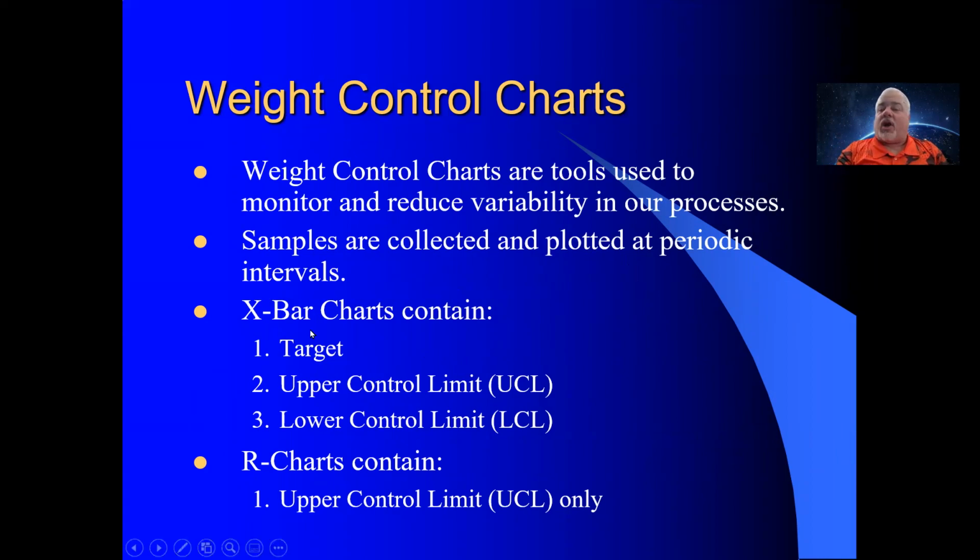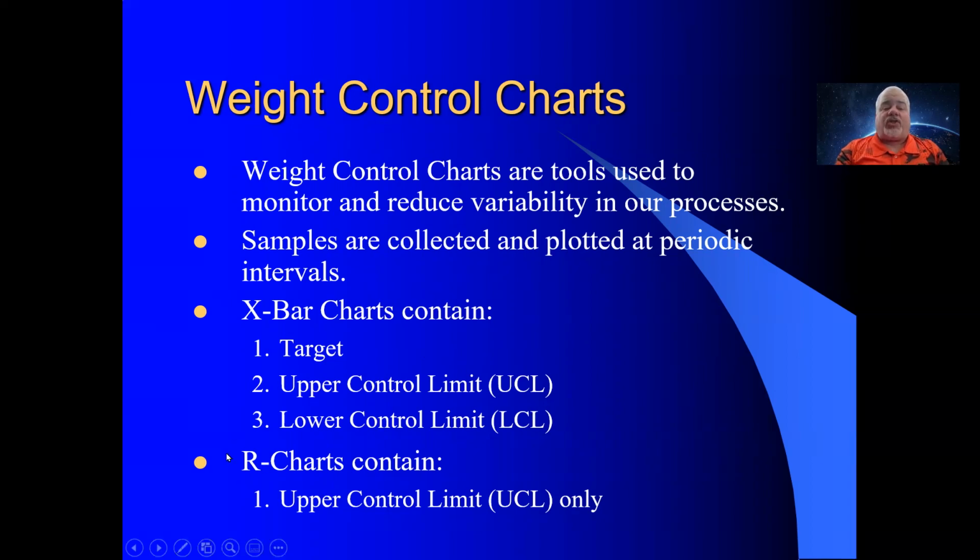So this is the X bar chart or the mean chart. It has the target, what's the weight you were trying to fill, the upper control limit and the lower control limit. Again, those are based on mathematical calculations based on historical runs of the same product.